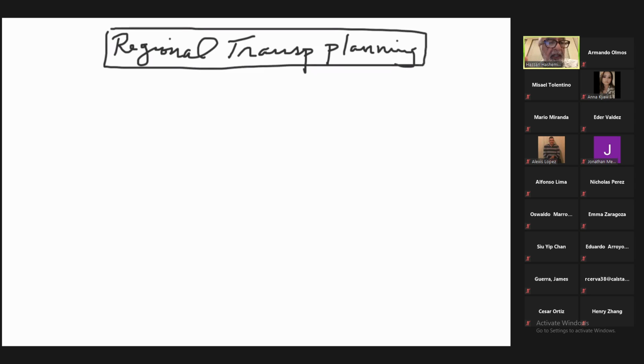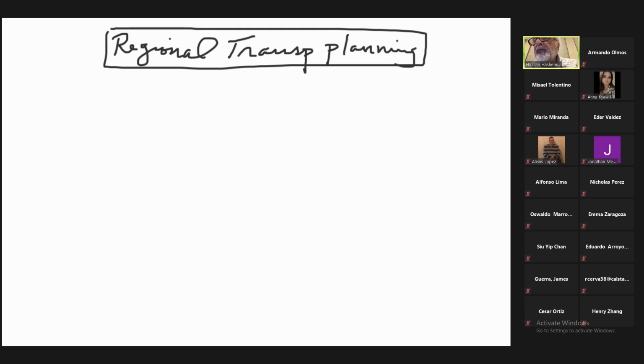So instead of looking at the whole California, maybe we just look at Southern California or Northern California or mid California, because for instance, Southern California's transportation requirement is different than Central California.